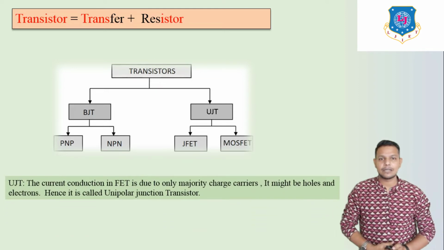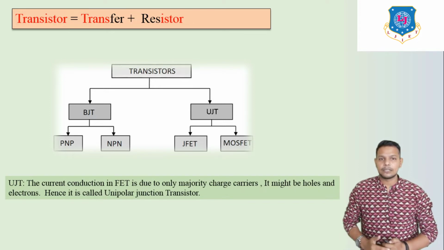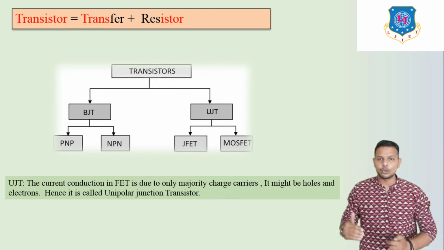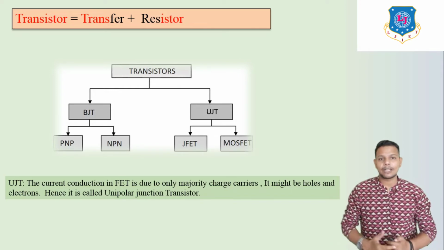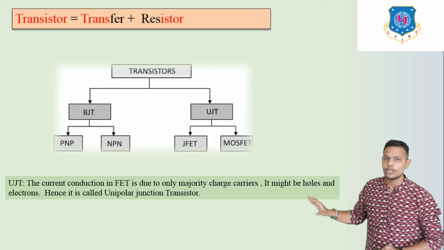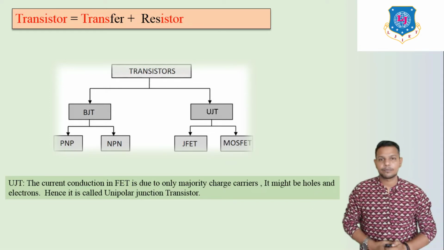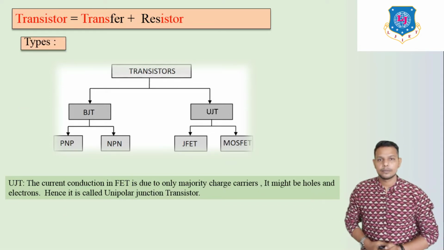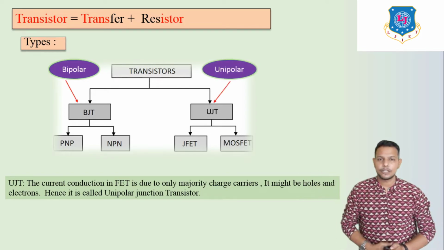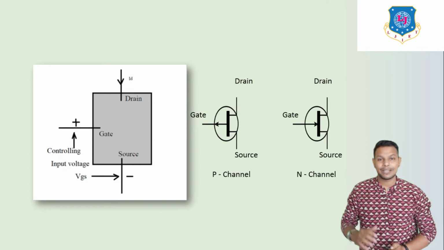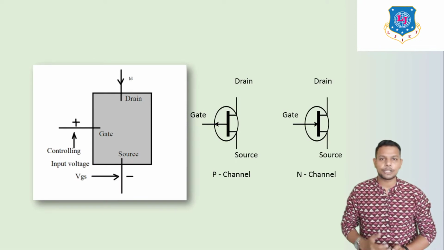Now, as we discussed earlier for UJT, that means unipolar junction transistor, in FET conduction takes place due to only majority carrier charges. It might be holes or electrons. That's why it is known as unipolar junction transistor. So here it is bipolar and here it is unipolar. Now in this topic we are going to discuss unipolar.